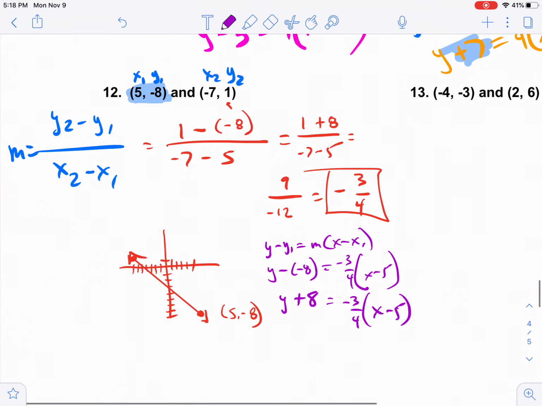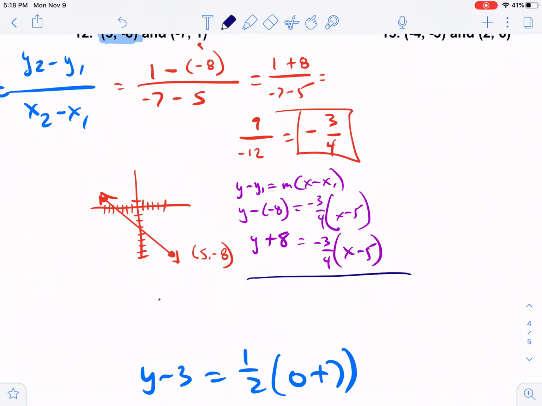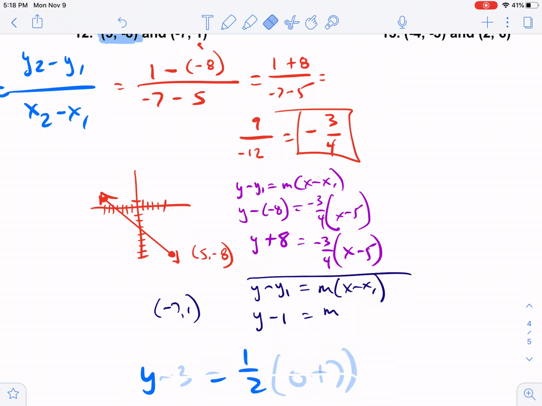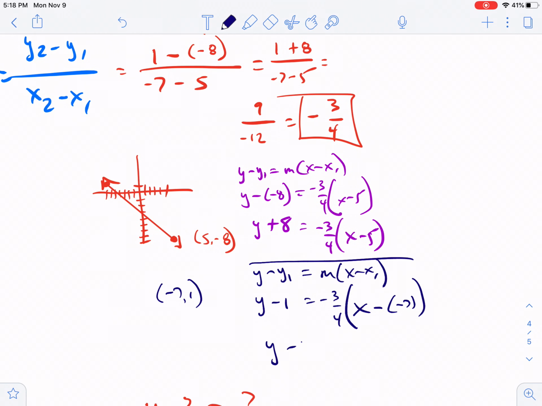I could have also picked the other point, negative 7, 1. So y minus y1 equals slope times x minus x1. Plug it in. y minus 1 equals slope, which is negative 3/4, times x minus a negative 7. y minus 1 equals negative 3/4 times x plus 7.